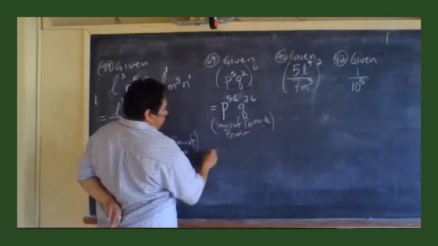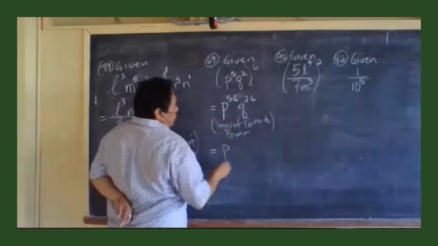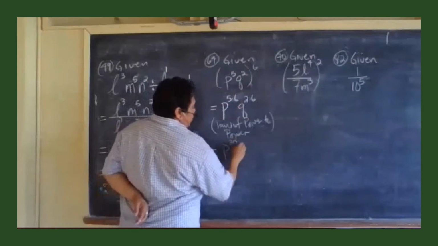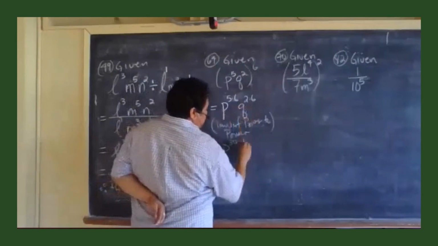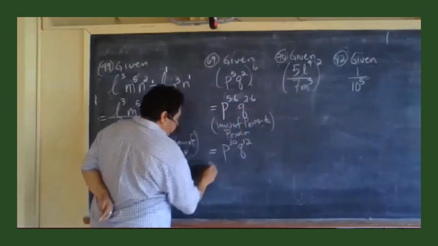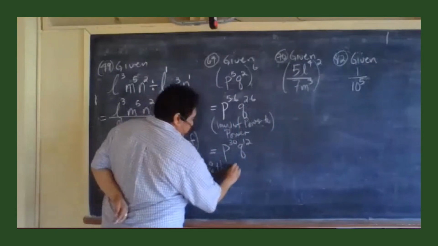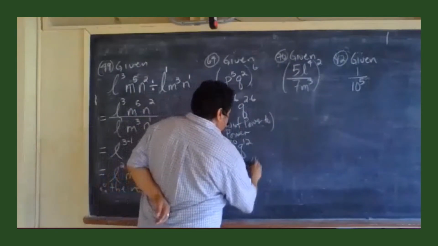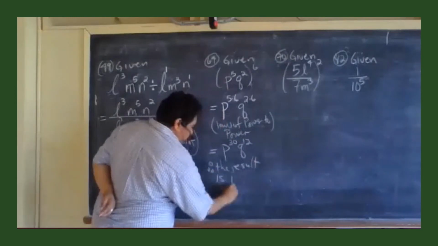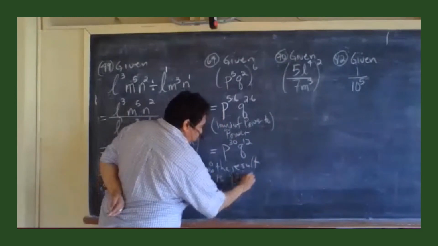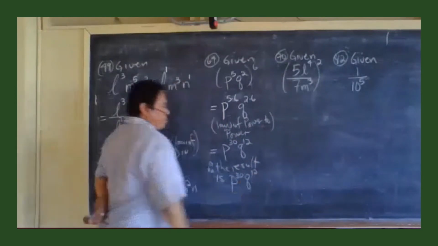So that's going to be p to the 6 times 5 is 30, q to the 2 times 6 is 12. So therefore the result is p to the 30th, q to the 12th.